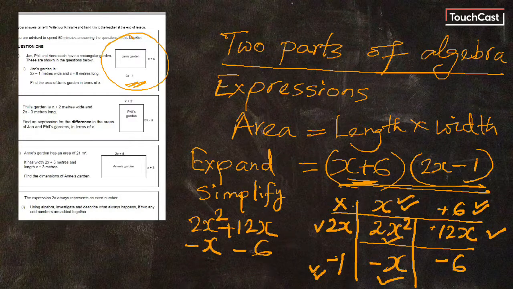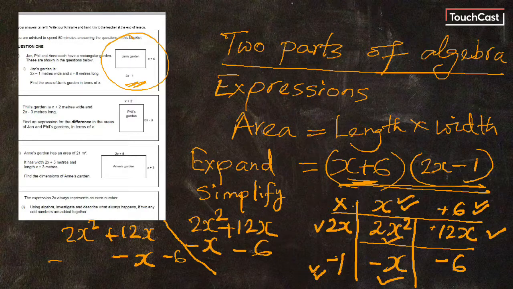Now these two together can be written as 2x squared plus 12x. You are subtracting negative x and negative 6. That will give you 2x squared. 12x minus x gives you 11x minus 6. And that is the answer.